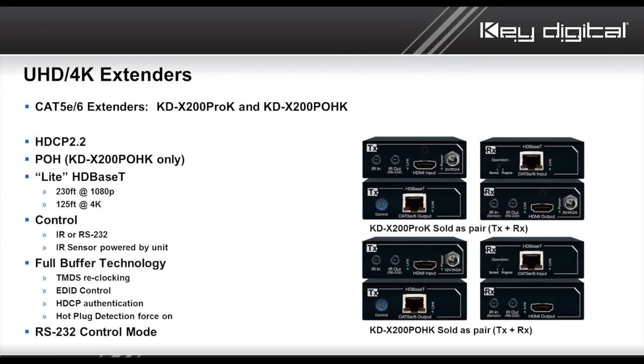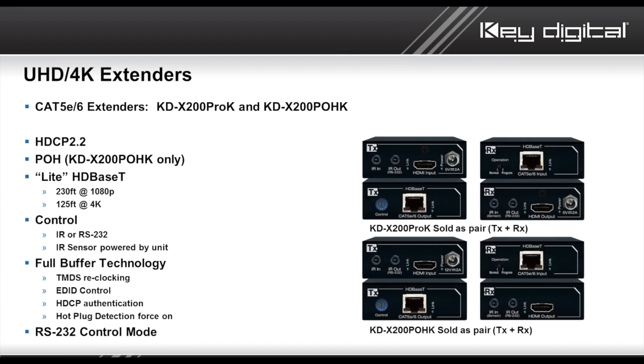Now, you may notice on the RX side, the 3.5 millimeter connector, which says IR in, it says sensor. Why does it say sensor? Because this supports the ability to plug an IR sensor directly in, where previous generations of KeyDigital products required an IR connecting block.